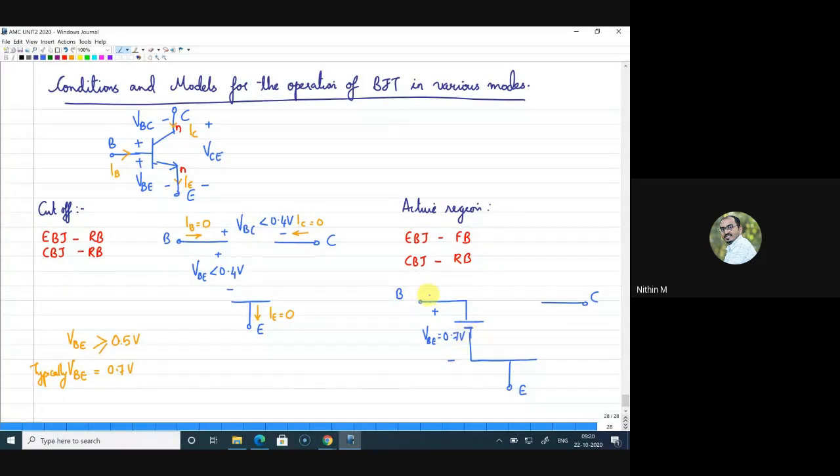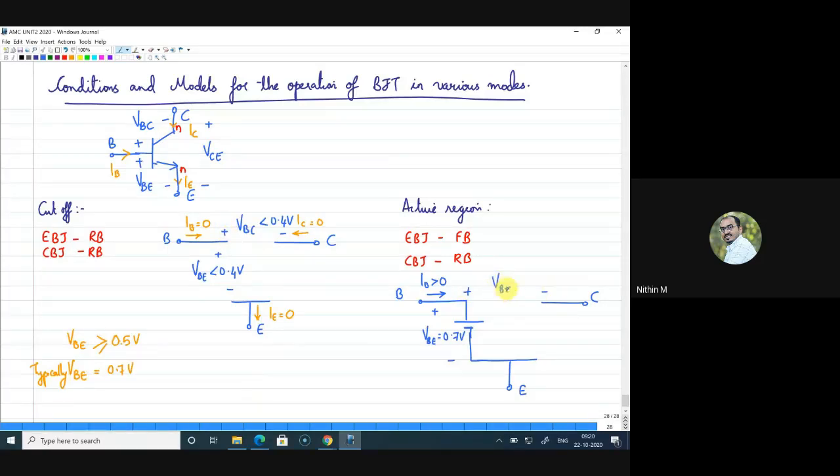If this is the case, definitely there will be some IB. I can mark IB greater than 0. And now what about the collector base junction? The collector base junction should be reverse biased, right? Since your collector base junction is reverse biased, the condition is the same as before, the same condition prevails between collector and base.